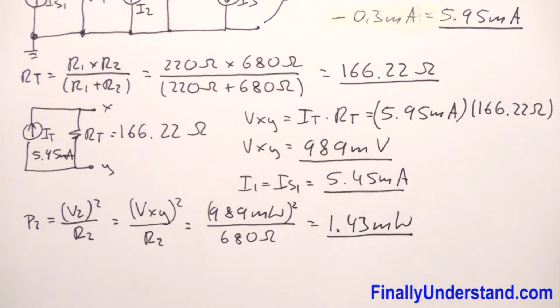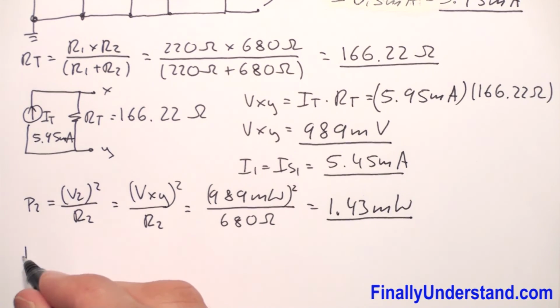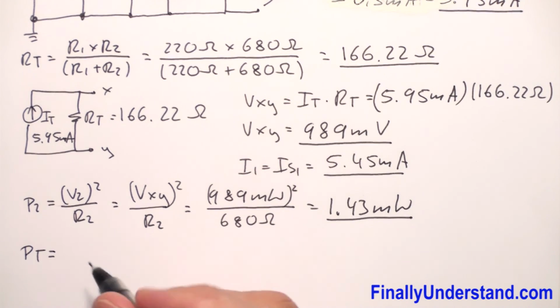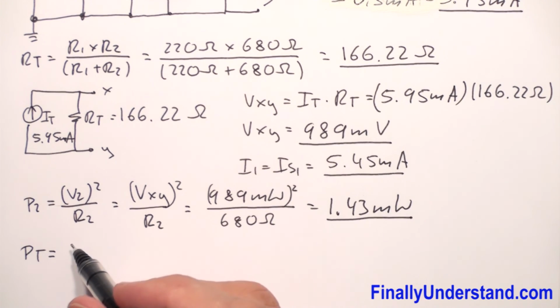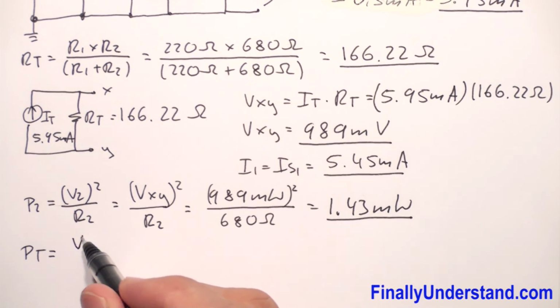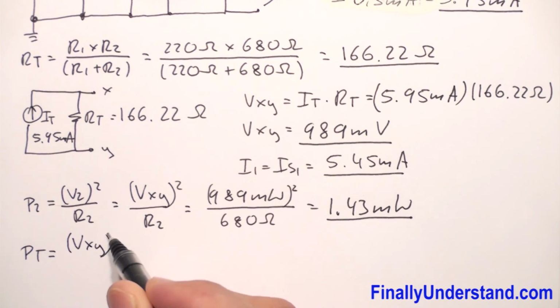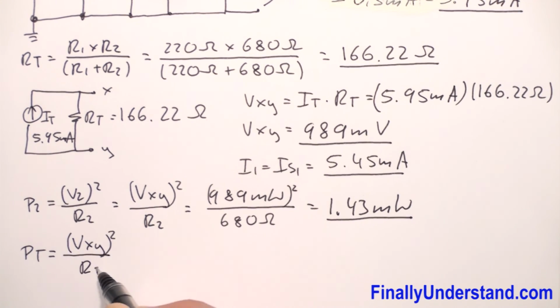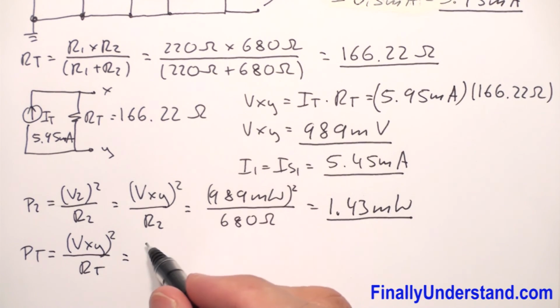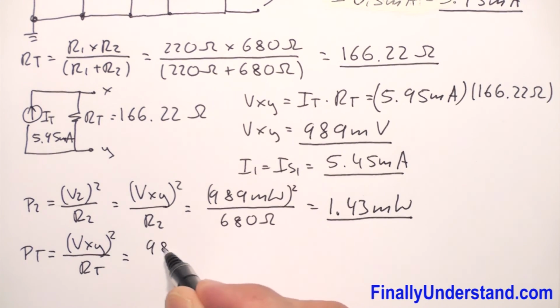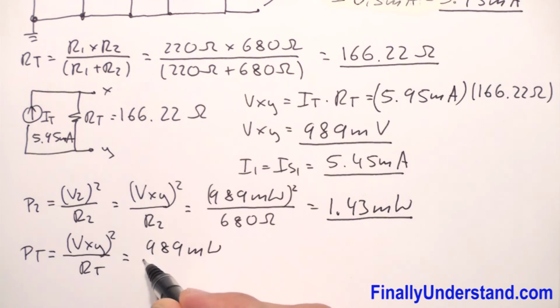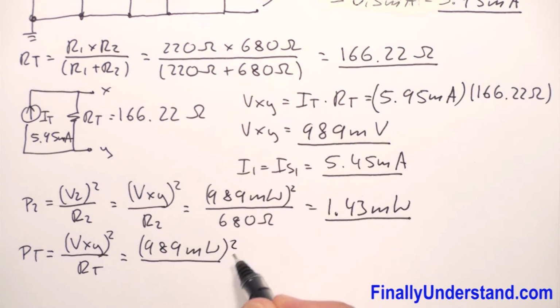Okay, so this is my power P2, and if I want to find P total, it is equal to VXY to the second power over R total. VXY is equal to 989 millivolts to the second power divided by R total, 166.22 ohms.